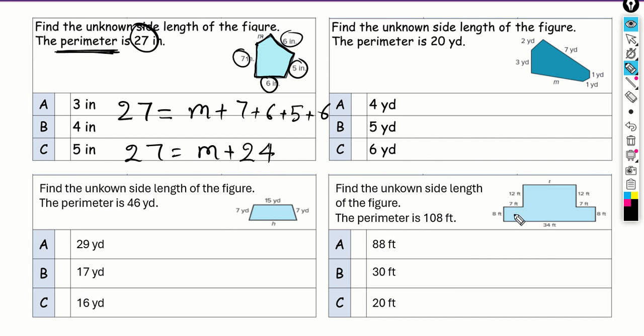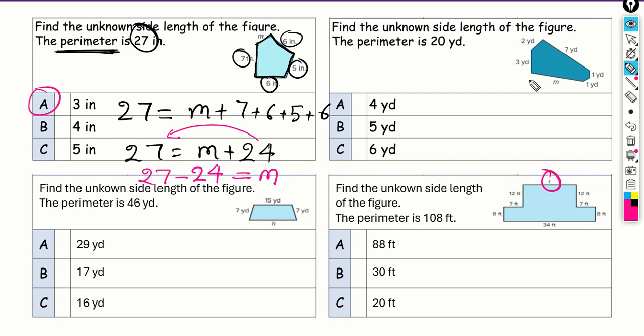Now when you bring this 24 to this side, basically you will do minus. So 27 minus 24 equals m, and that's it. This will give you 3. That's your answer. Like this, try all of them.